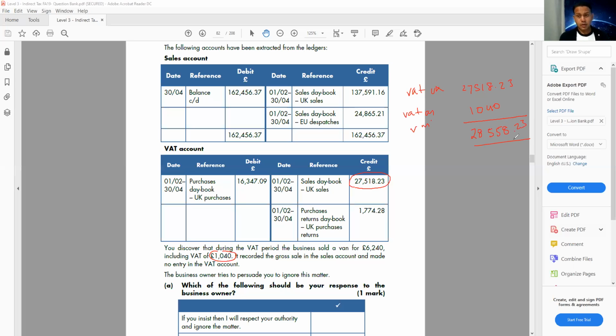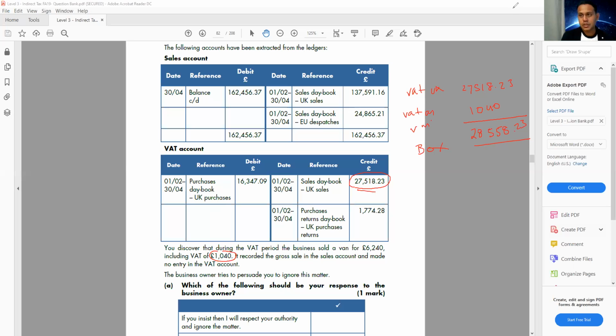That's our box 1 VAT. So that's from the UKSL. We don't have any sales return. If we have a sales return, we have to minus this one. But there is no sales return here. So that's my only VAT for the sales, and one van I had forgotten. So I'm going to add the van. That's it.